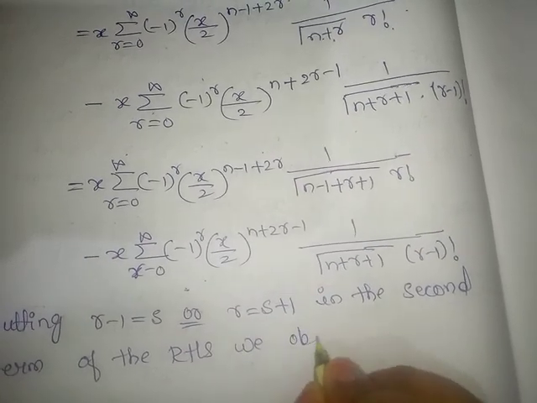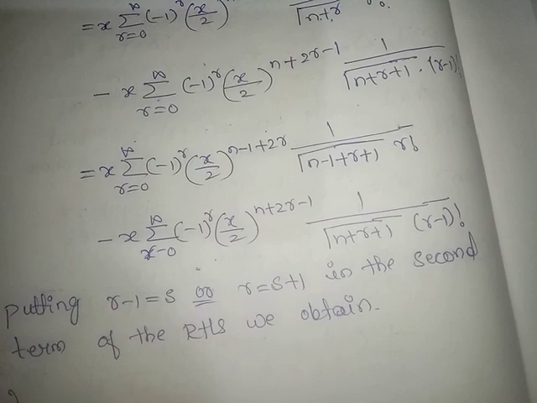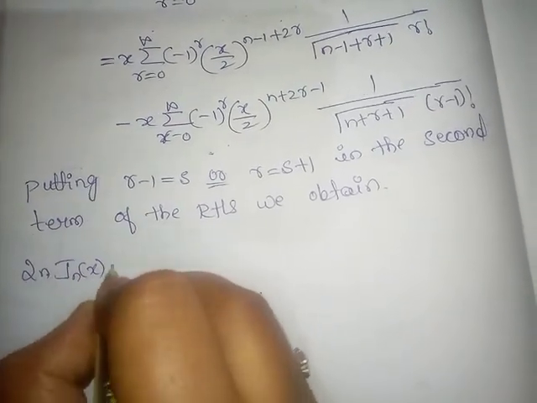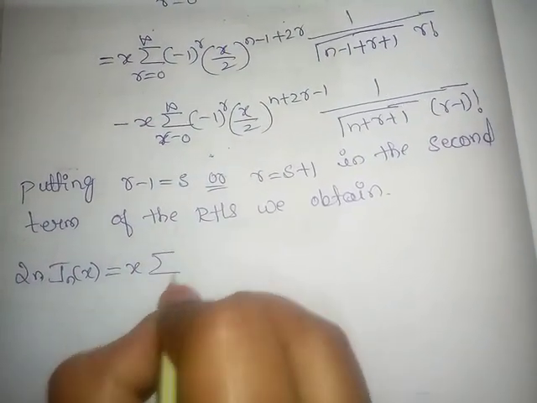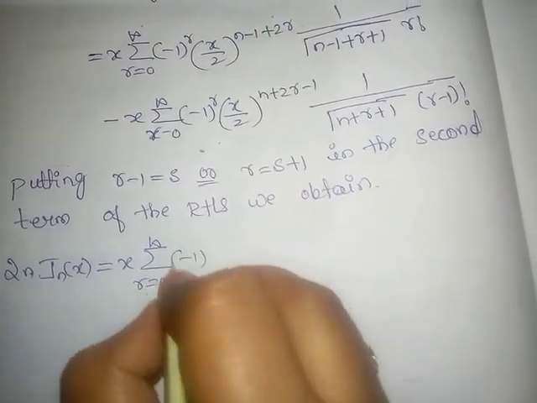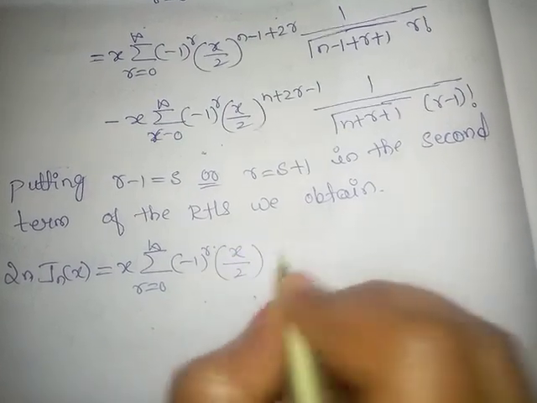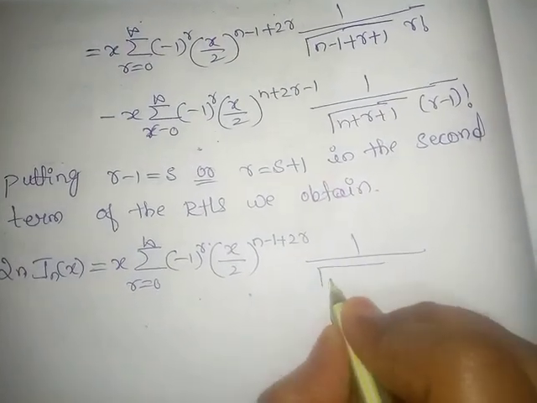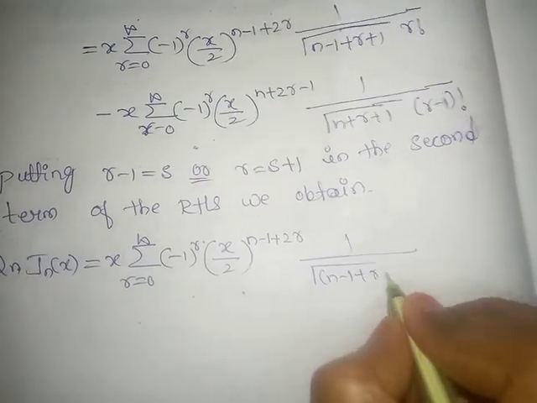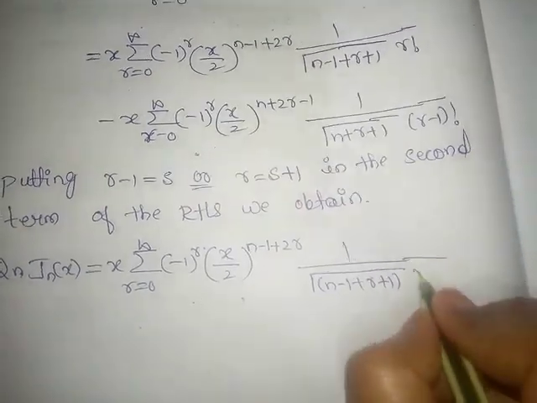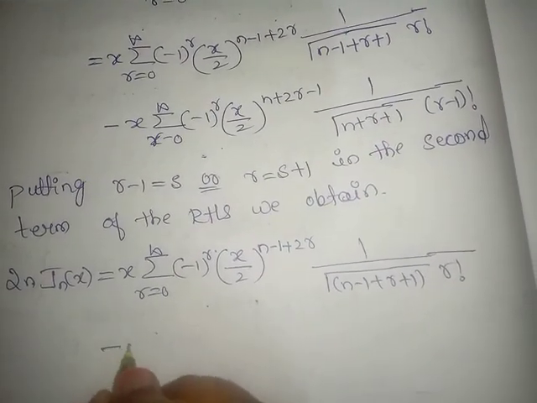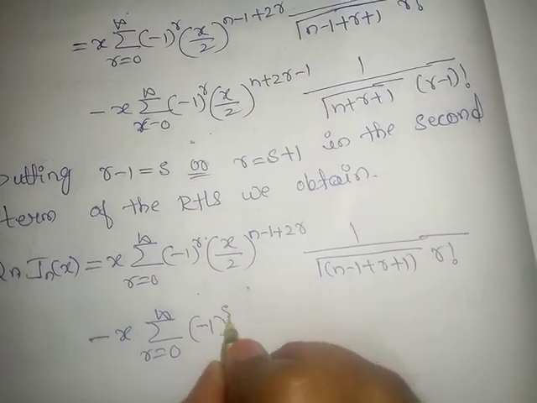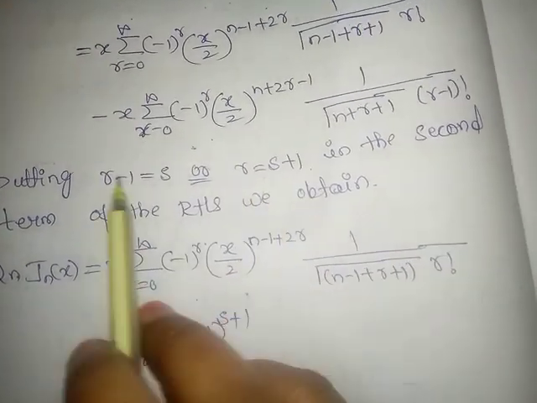We obtain 2n by x of Jn of x is equal to x into summation r running from 0 to infinity, minus 1 raised to r, x by 2 raised to n minus 1 plus 2r, 1 divided by gamma of n minus 1 plus r plus 1 into r factorial, minus x into summation r running from 0 to infinity, minus 1 raised to s plus 1. That means just substitute r as s plus 1, and r minus 1 as s.